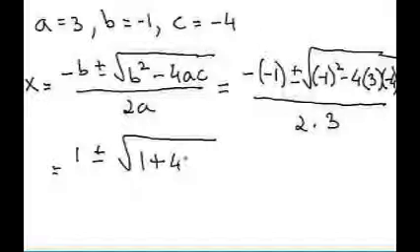Again, minus 1 squared is a 1. Then I have a minus, but overall here I'm going to subtract a negative number because 4 times 3 times negative 4 ends up being a negative number. So minus a negative number becomes a positive number, and now the number itself, 4 times 3 is 12, and then we still have the times 4, which ends up being 48.